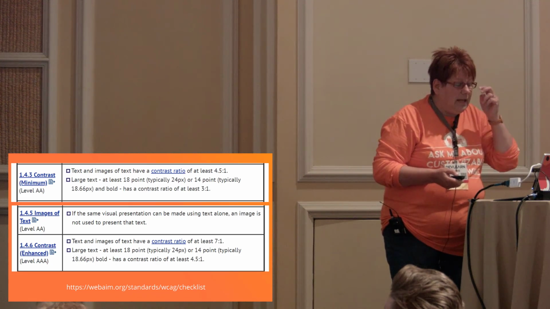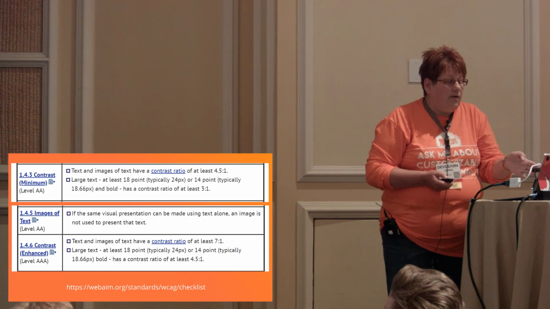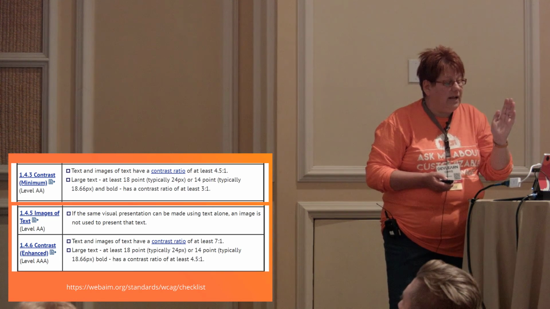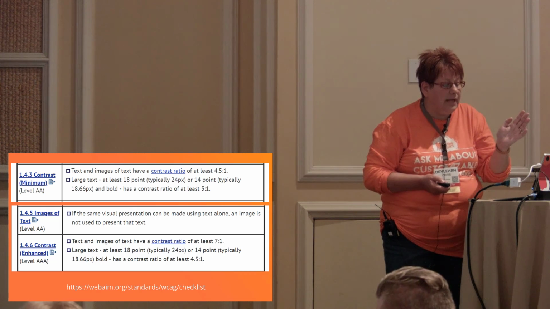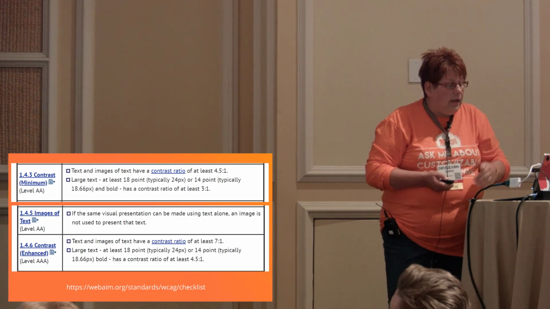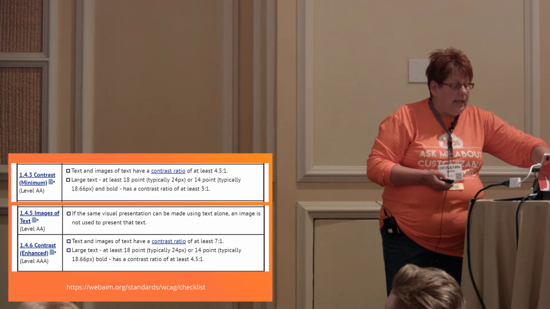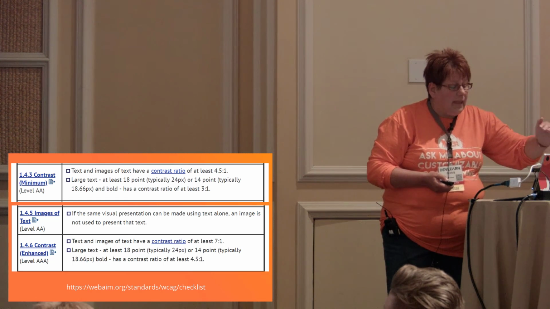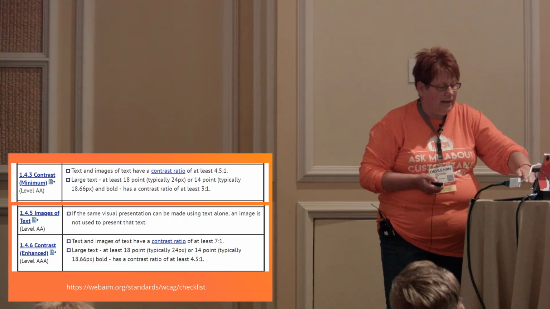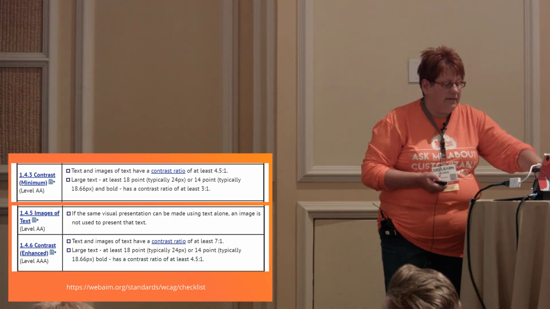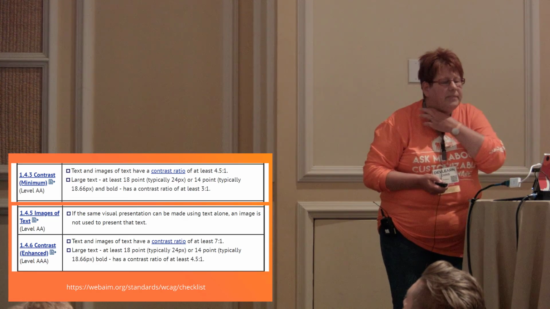For level AA, images and text, you'll notice there's a 4.5 to 1 contrast ratio, and text must be at least 18 point. And then when you get to the AAA, at the bottom, text and images have a contrast ratio of 7 to 1, and large text at least 18 point or 14 point bold.